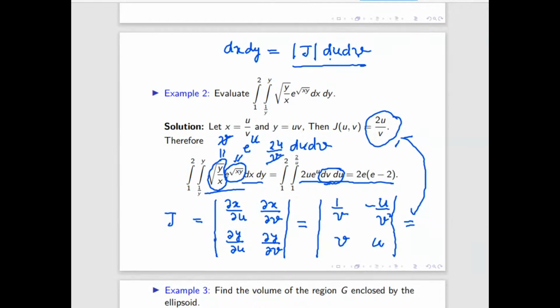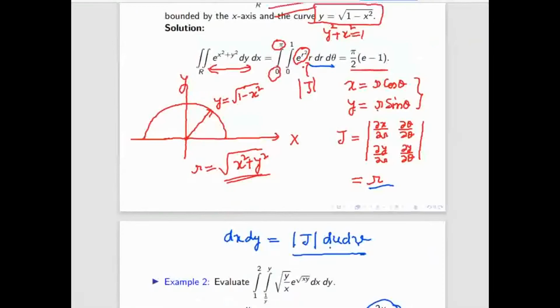So we got this one. So here it is written dv du. If you write the limit of u first and then limit of v by change of order of integration, then you can write even du dv also. So first we will draw the picture to see what will be the region, and then based on the region we will define the limits. And once we get the limit, we can easily integrate and we'll get the answer. So here, what is the region? We will write. So I am writing here.